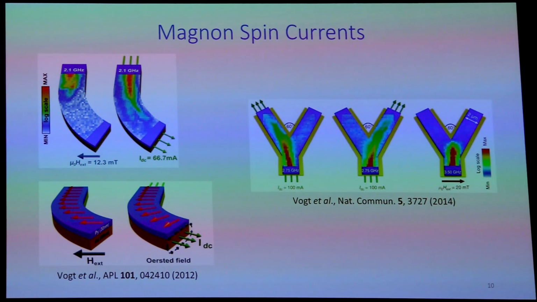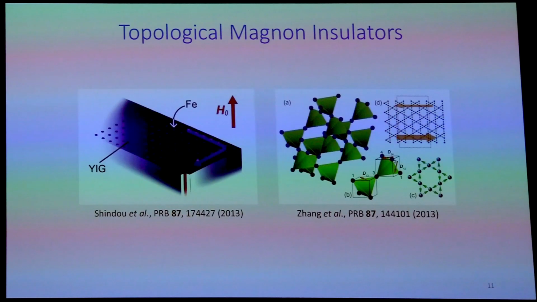So to try to improve on that, there's recently been the proposal to use topological magnon insulators. And topological magnon insulators are systems with a spatially periodic magnetic texture that can support topologically protected magnonic edge states. They are the analog of electronic topological insulators, but for magnons.